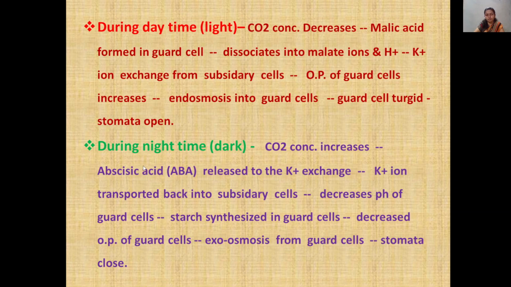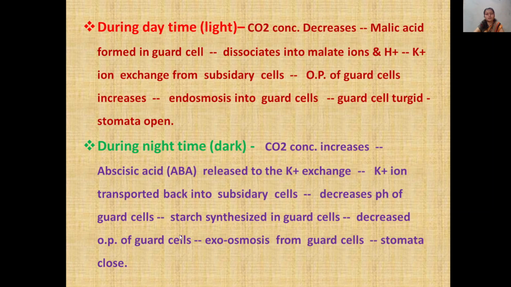And second, during night time, CO2 concentration increases, then abscisic acid, means ABA, is released, then K+ ions are transported back into the subsidiary cells. Means here subsidiary cells are reservoirs of K+ ions.